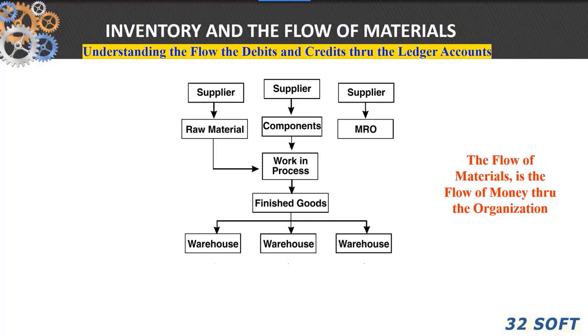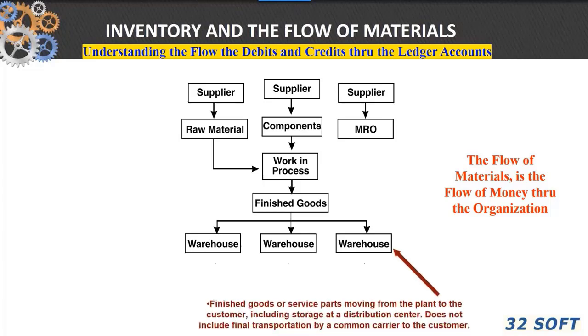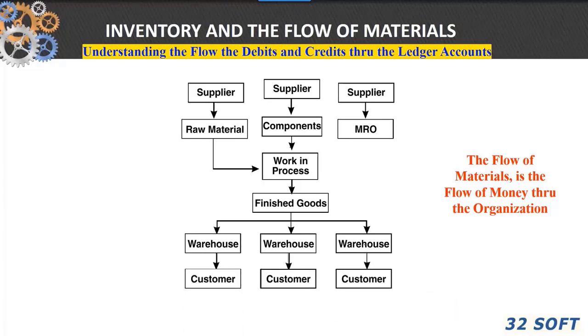Then if we've got a distribution system or a DRP system, we move that material into the warehouse, and finally that finished goods gets shipped off to the customer, and at that point we credit the finished goods account and debit accounts receivable. So this whole flow of inventory through the system allows us to keep track of the money that we have in the inventory side of QAD.